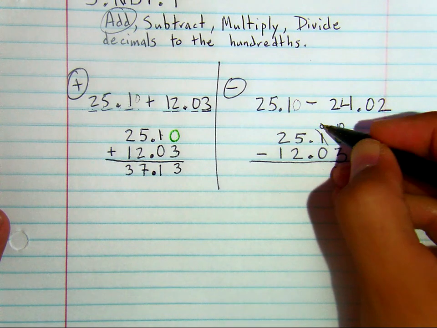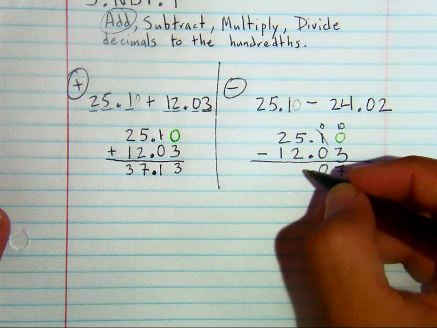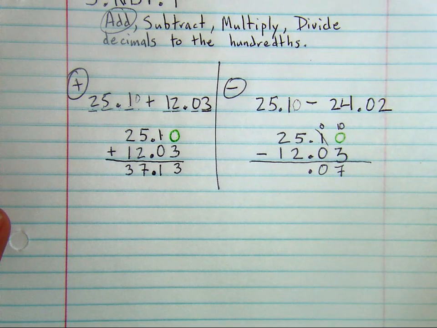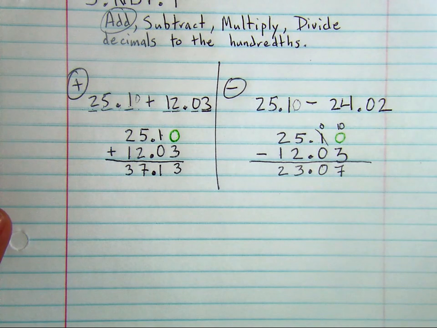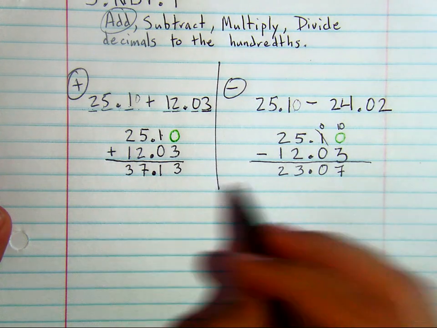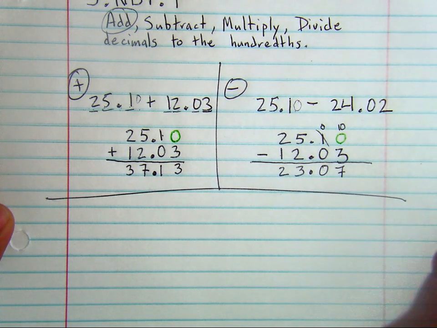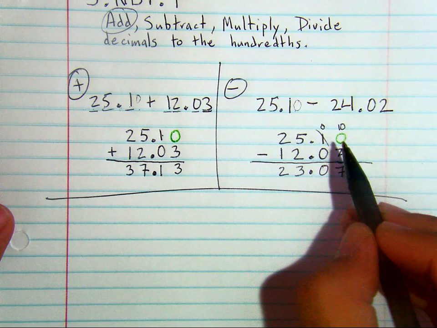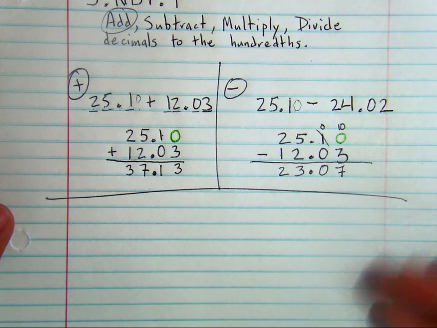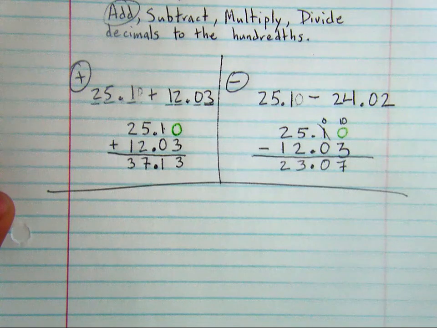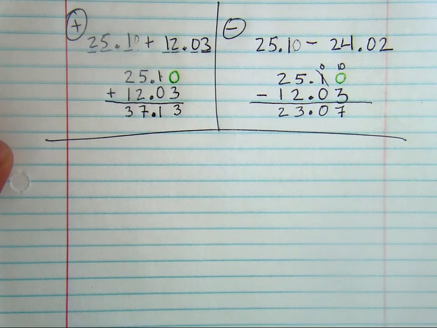And 0 from 0 is 0. We line up the decimals, of course. 2 from 5 and 1 from 2. So adding and subtracting, once you recognize that these zeros can be put in there as placeholders, then the adding and subtracting isn't terribly difficult. Decimals are not as complicated as one might think.